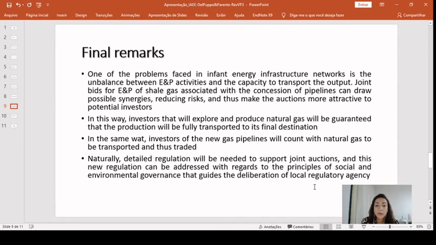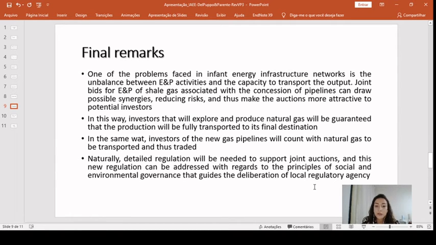One of the problems faced in infant energy infrastructure networks is the imbalance between E&P activities and the capacity to transport the output. Joint bids for E&P of shale gas associated with the construction of pipelines can draw possible synergies, reducing risks and thus making the auction more attractive to potential investors.